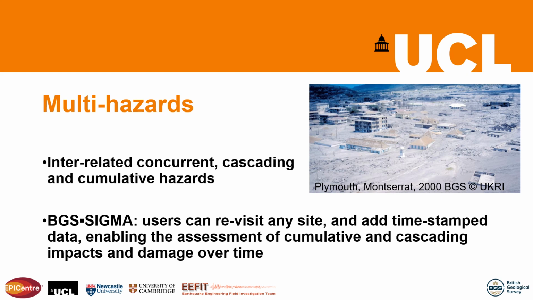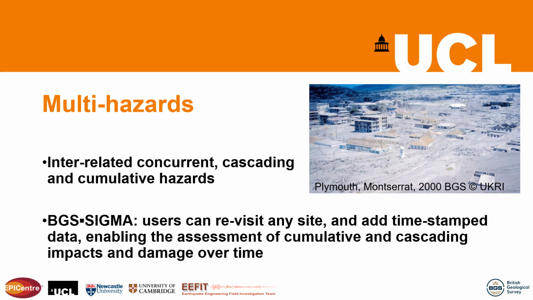And the really nice thing about the BGS SIGMA tool, and one of the reasons why I was really keen to do this work and development for it, is because it's in a GIS. Users can revisit a site and just add timestamp data. So it enables that assessment of cumulative impacts over time.